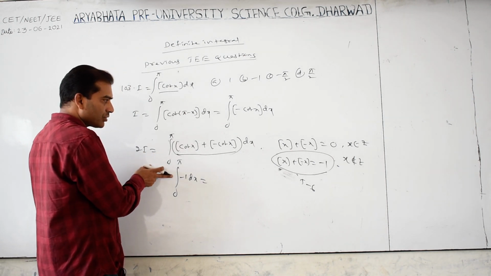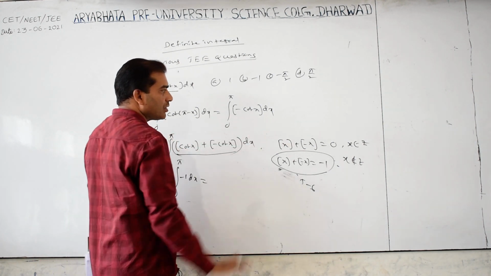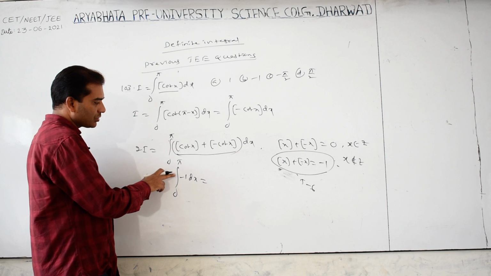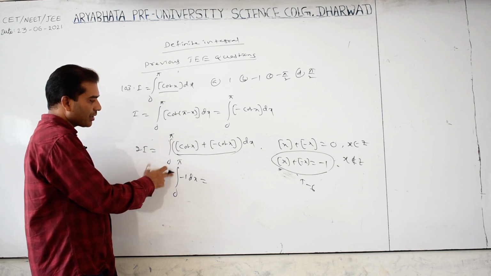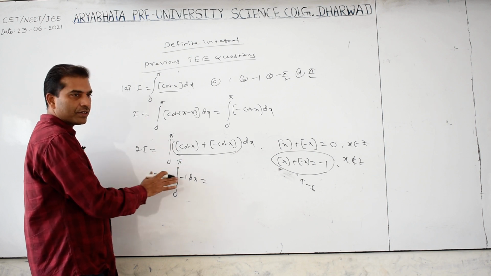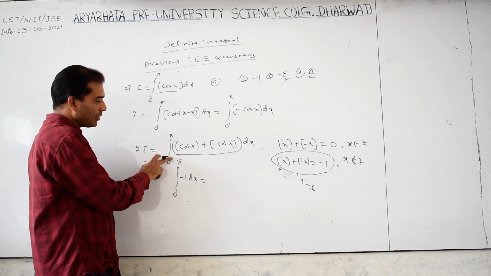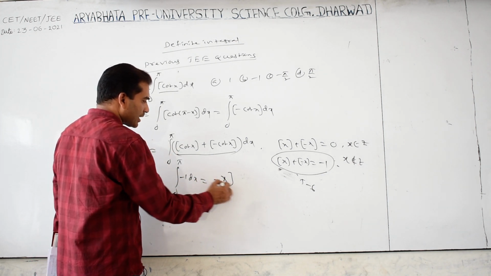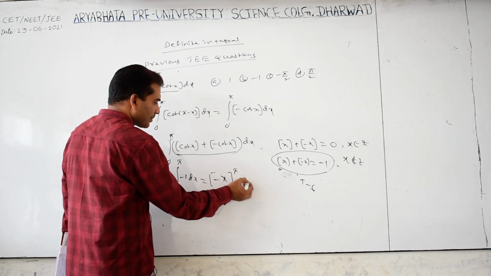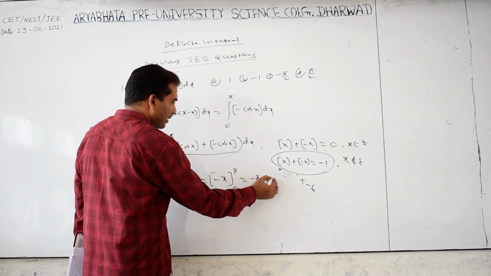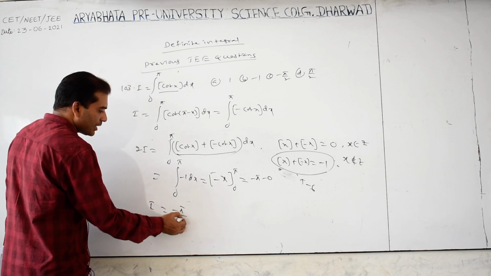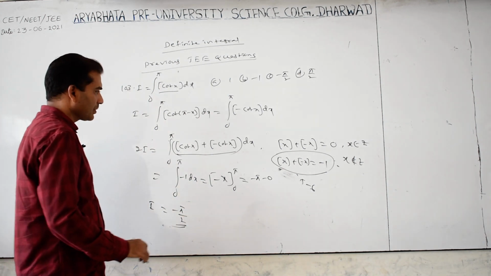In between integers also there, at an integer the value is 0, so leave it. 0 value means the integration is 0 only, because if you apply upper limit and lower limit we will get 0. Now at the remaining points it is minus 1. So the integration of minus 1 is minus x from 0 to pi, apply upper limit, minus pi minus 0. So 2I equals minus pi, therefore I is equal to minus pi by 2.